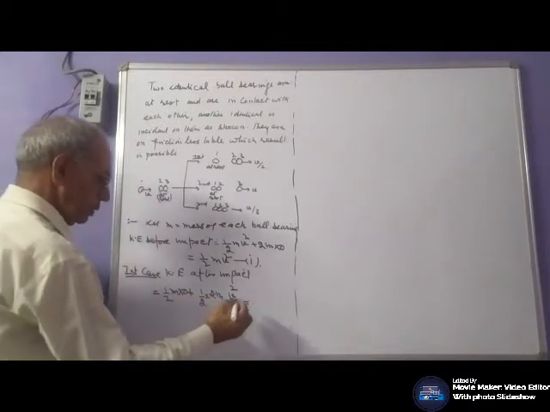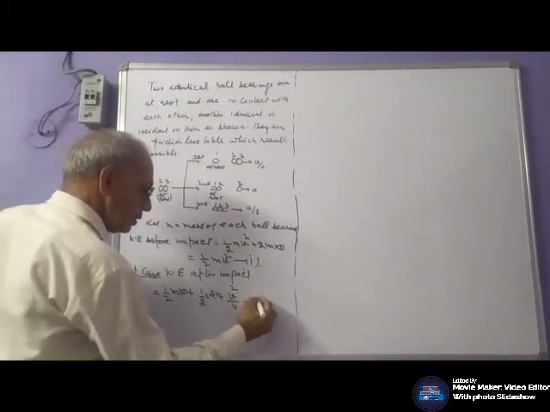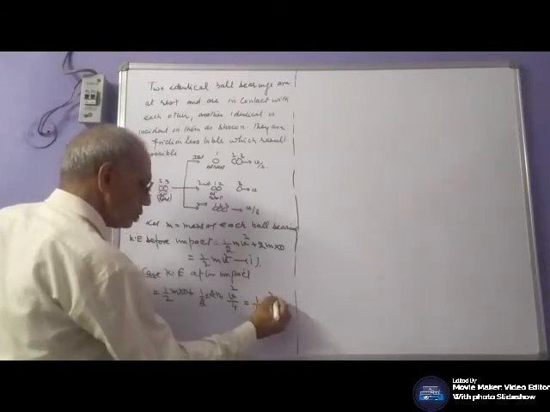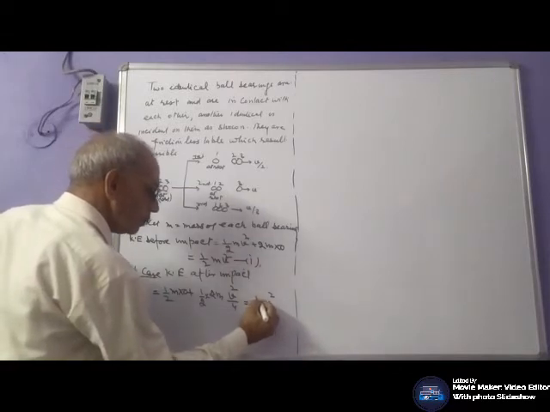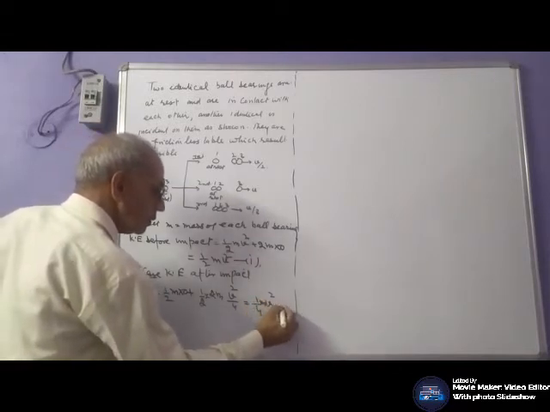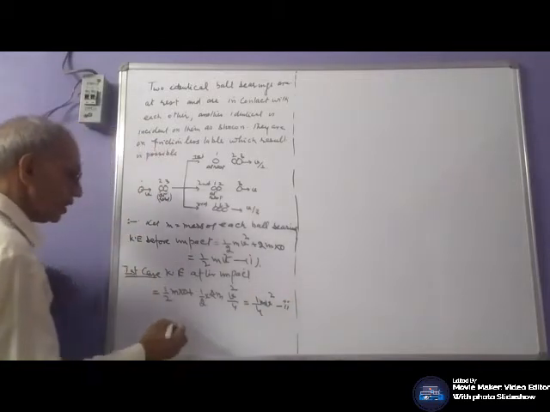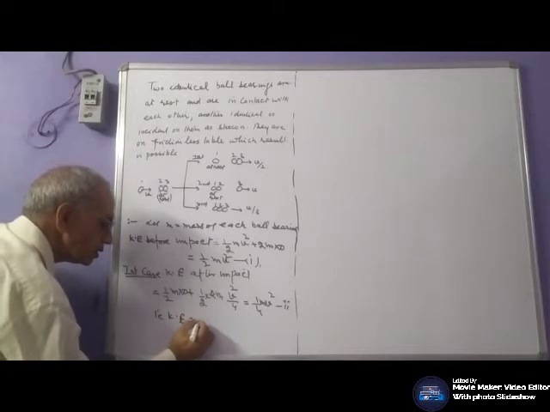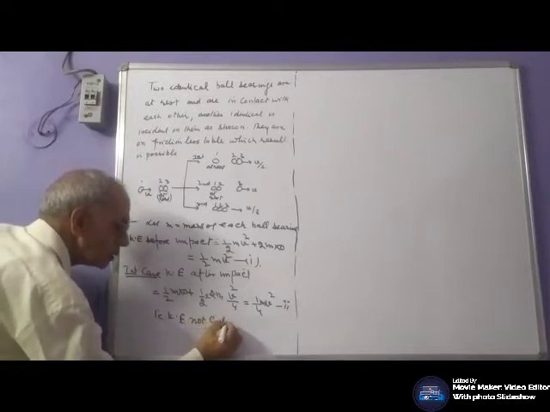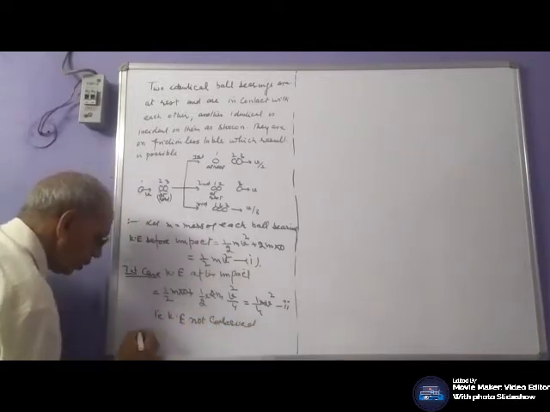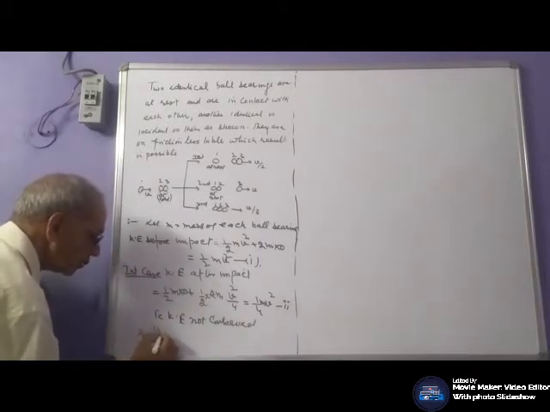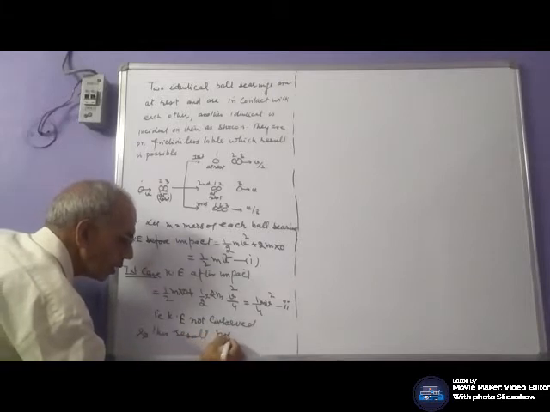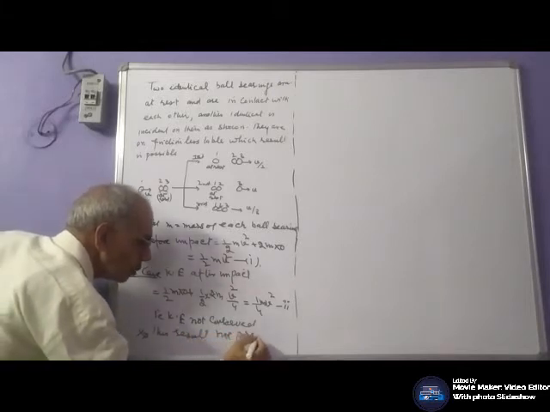Half with half, so it is 1 by 4 m v square. That is, kinetic energy is not conserved. So this result is not possible.